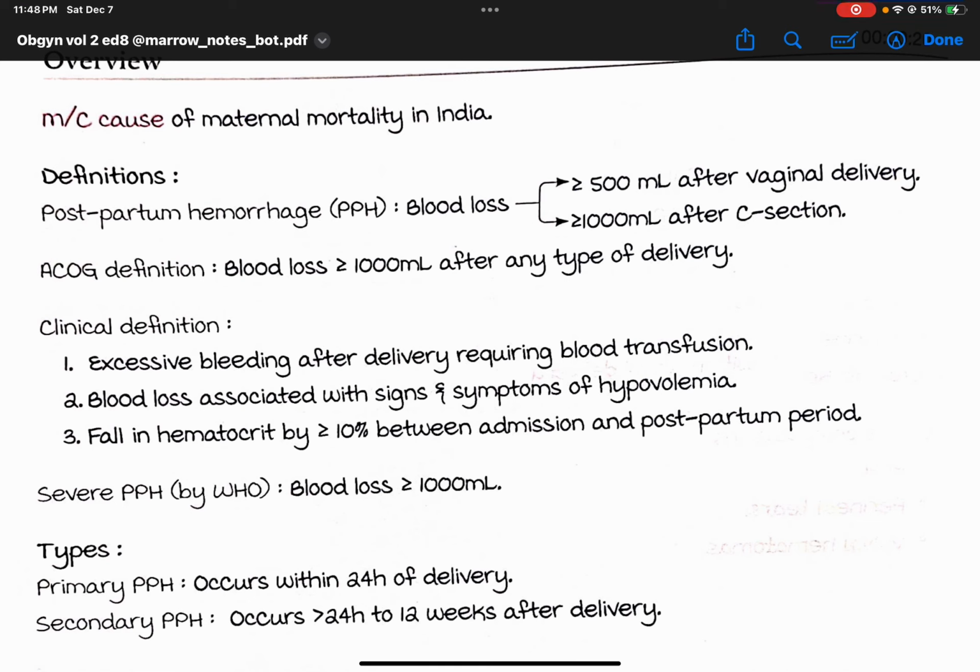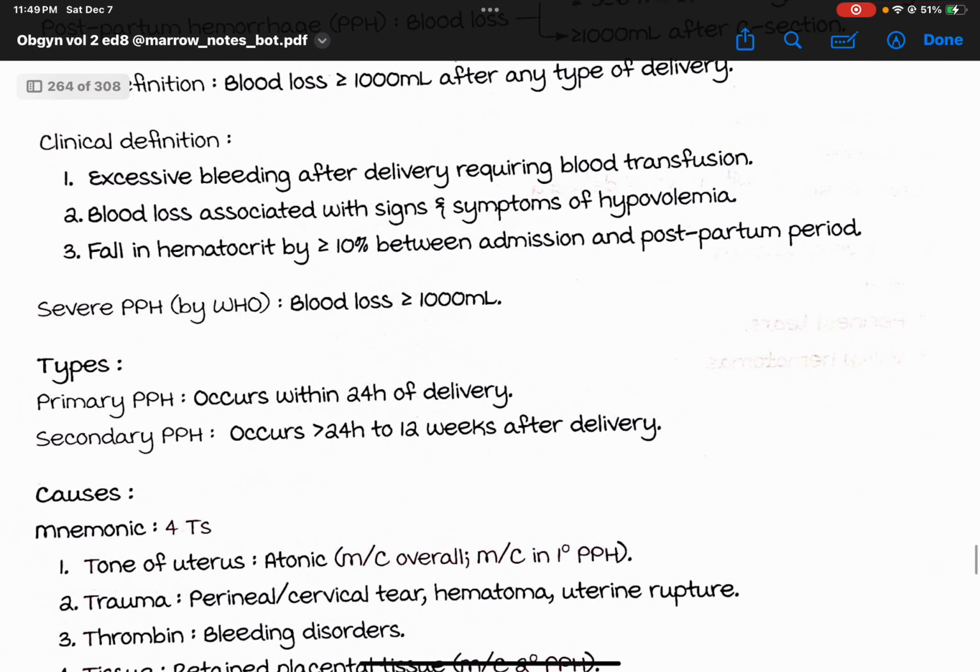Clinical definition: excessive bleeding after delivery requiring blood transfusion, or blood loss associated with signs and symptoms of hypovolemia, or a fall in hematocrit of more than or equal to 10% between admission and the postpartum period. Severe postpartum hemorrhage by WHO is blood loss of more than or equal to 1000 ml.